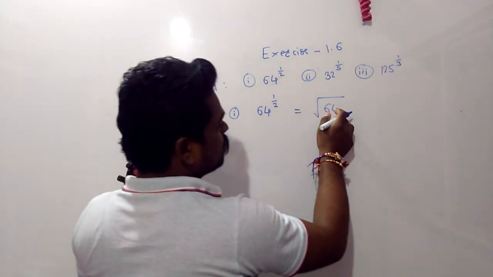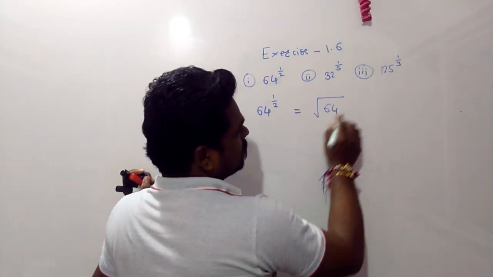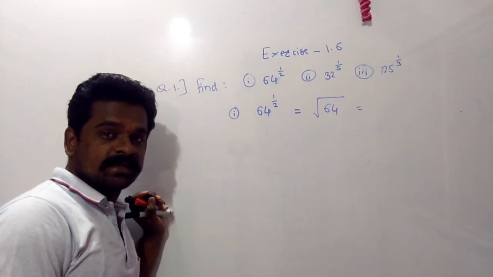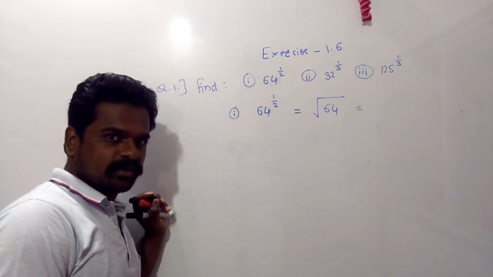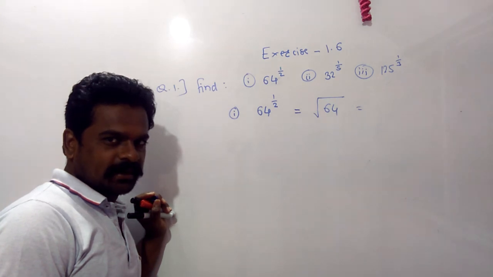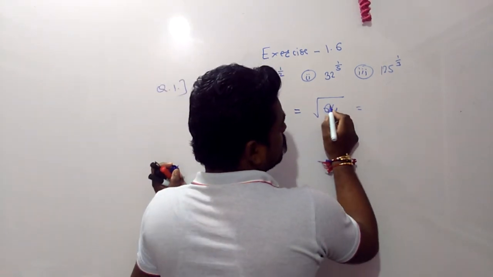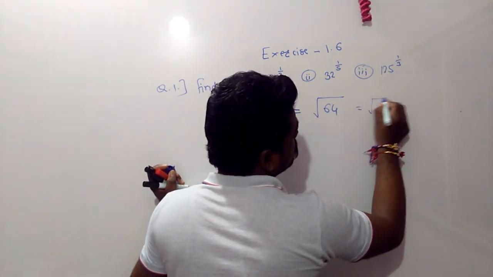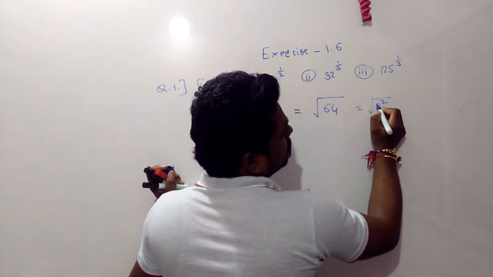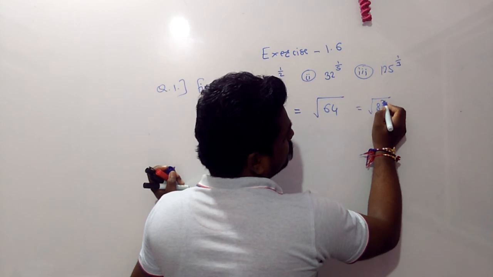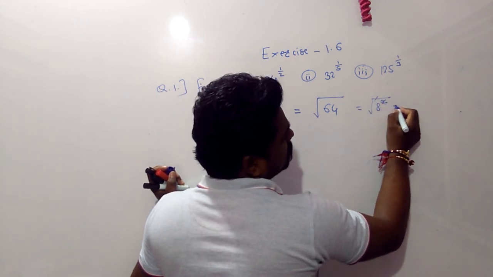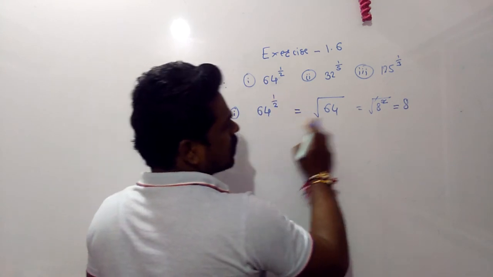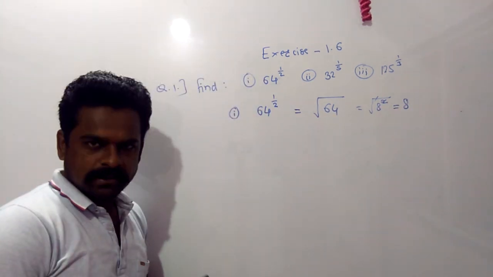Whose square is 64? It is 8 square. So the square root of 64 is 8, or you can write square root of 8 square, where the square and square root cancel each other and we are left with only 8. So 64 raised to half is equal to 8 is the answer.